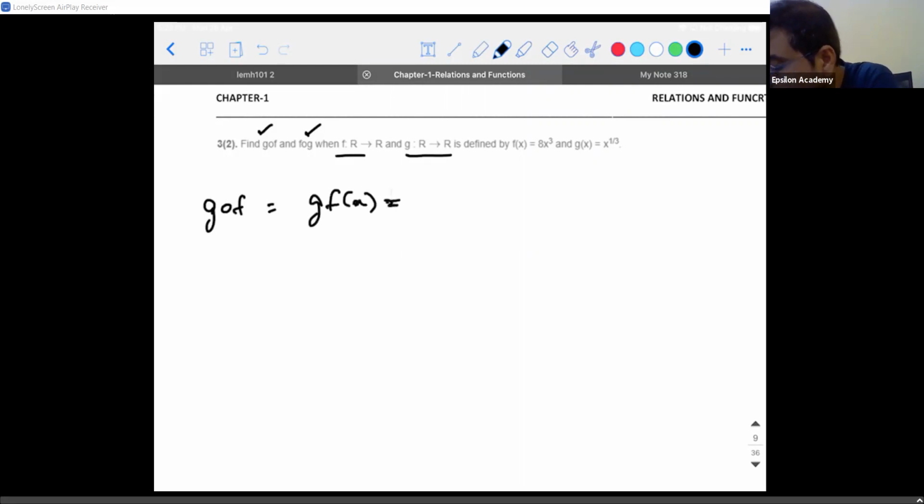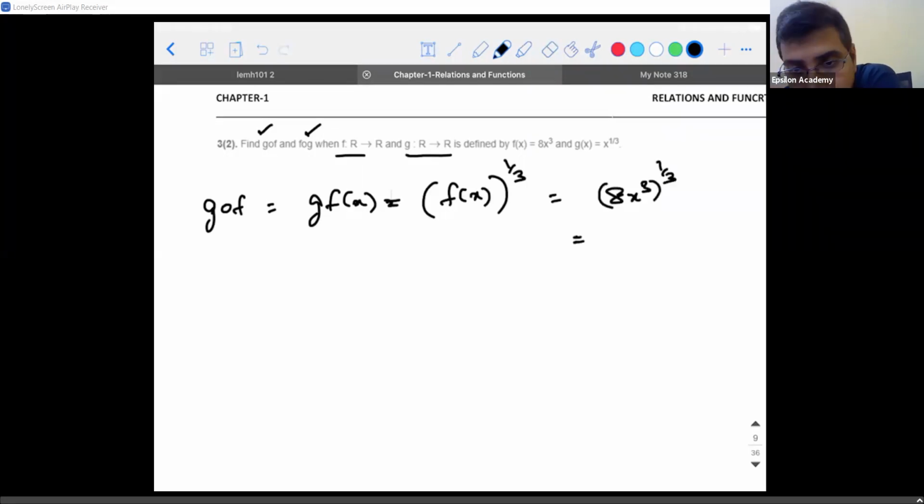How much is this? 8x cube, f of x the whole power 1 by 3. What is f of x? It is 8x cube the whole power 1 by 3. So how much is it? 8 power 1 by 3 is 2. x cube the whole power 1 by 3 is x. So 2x.